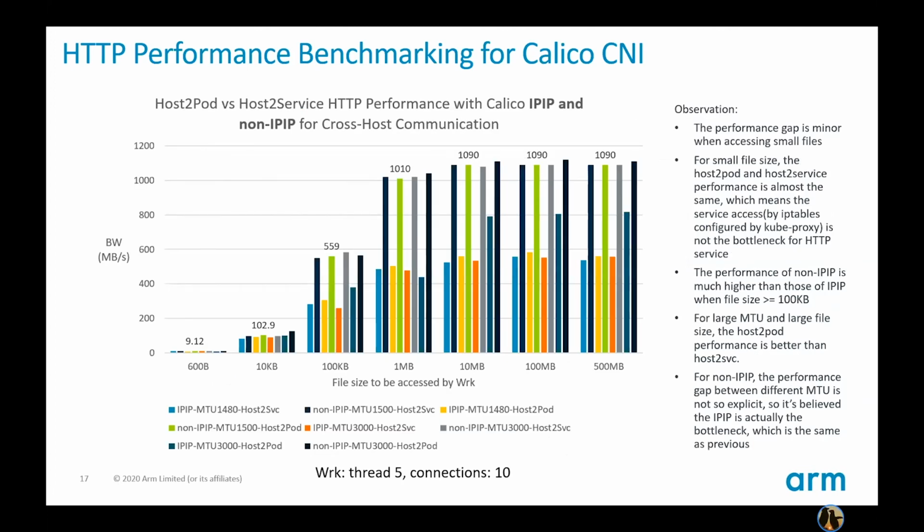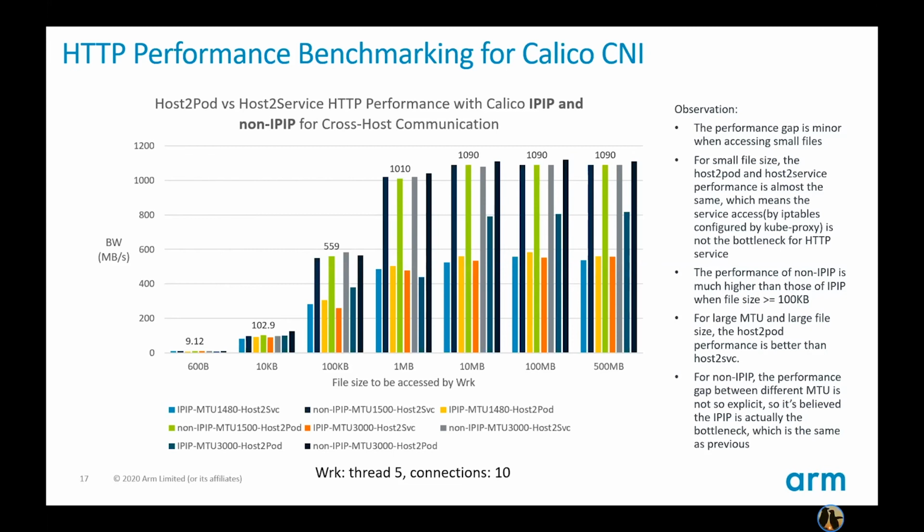Here is the host-to-pod versus the host-to-service HTTP performance with Calico IPIP and non-IPIP for cross-host communication. Our observation is the performance gap is minor when accessing small files. For small file size, the host-to-pod and host-to-service performance is almost the same, which means that the service accessed by iptables is not the bottleneck for the HTTP service.